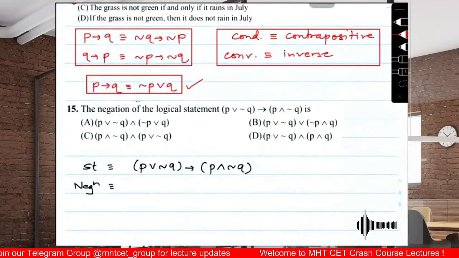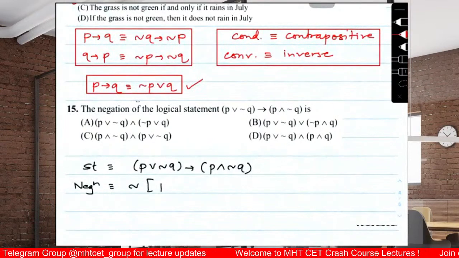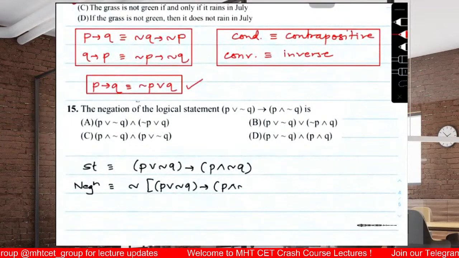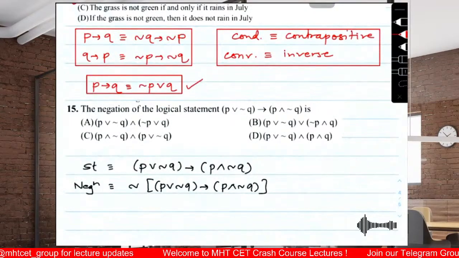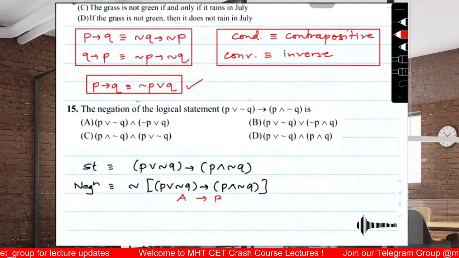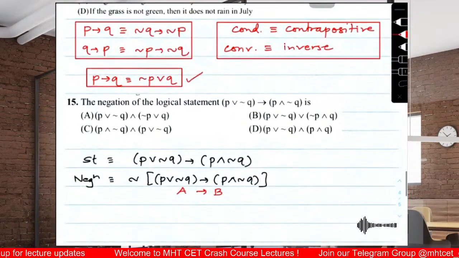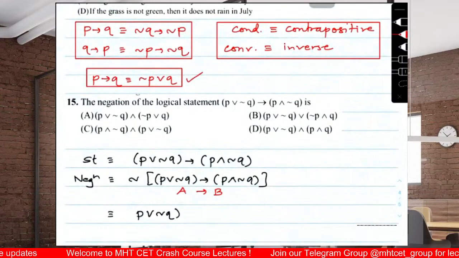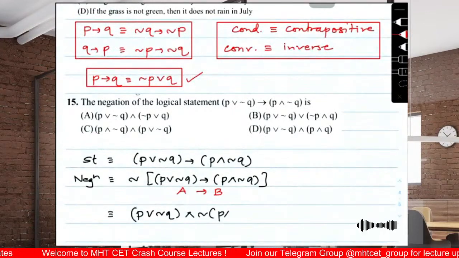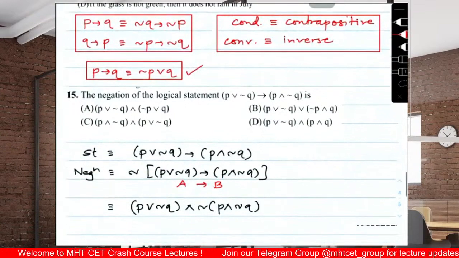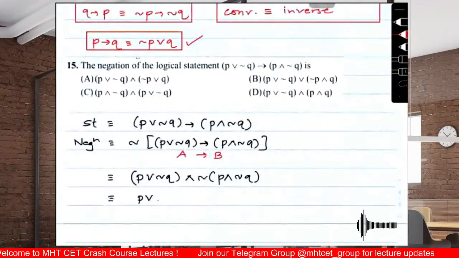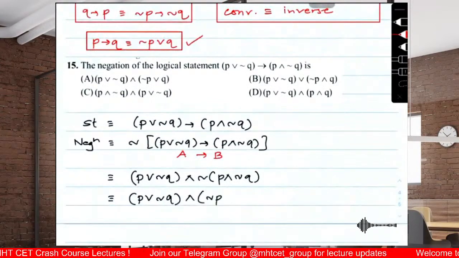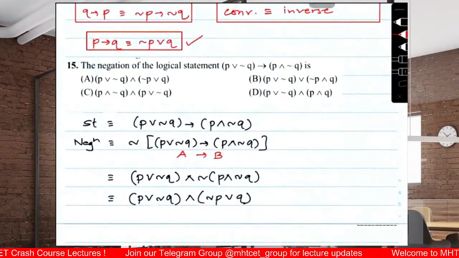So this is of the form A implies B, negation will be A and not B. A and negation of second bracket. That is P or not Q, and this will be not P or Q. Option A.